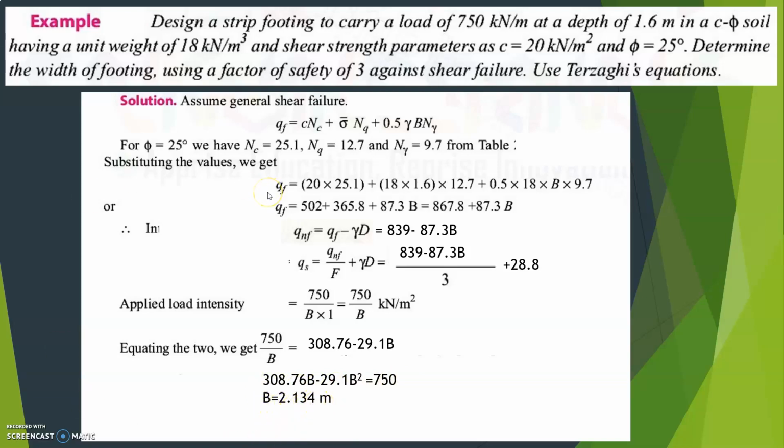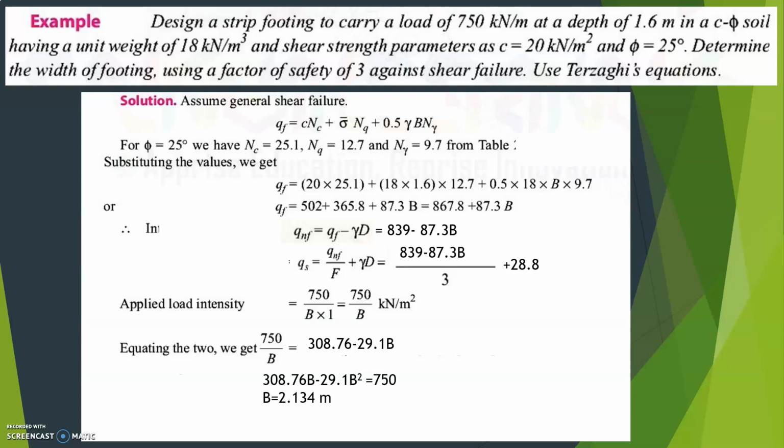So I have now done for different shapes of footing how to calculate the size. Okay, I think all of you now understood for rectangular footing, square footing, circular footing and strip footing. So whenever the load is given, you have to convert it into stress: the load divided by area is stress.